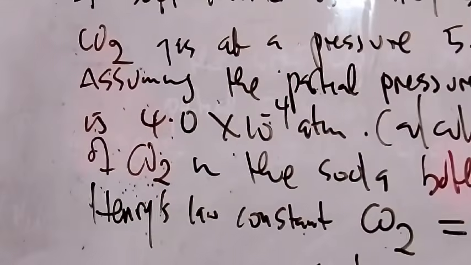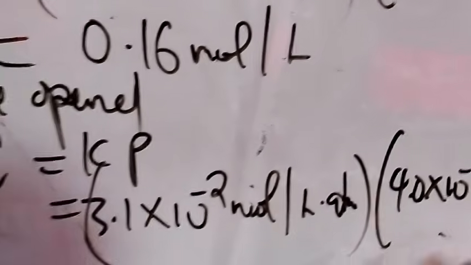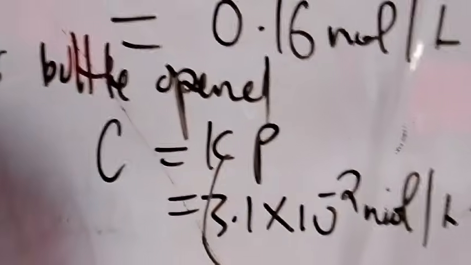Then the atmospheric pressure is 4.0 times 10 to the power negative 4 atm. Then you cancel. So we are going to find 1.2 times 10 to the power negative 5 mole per liter.